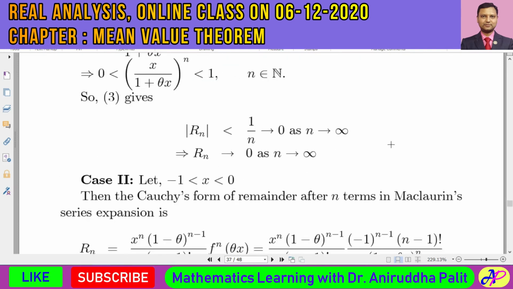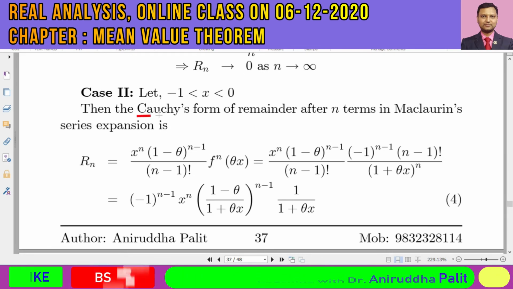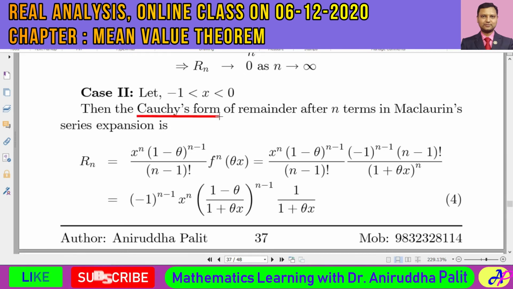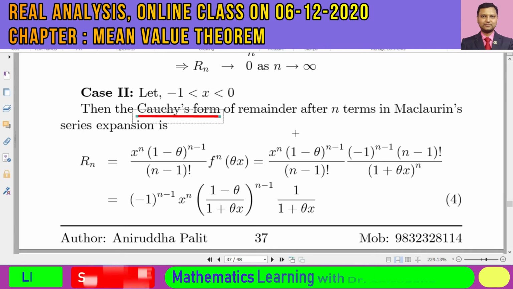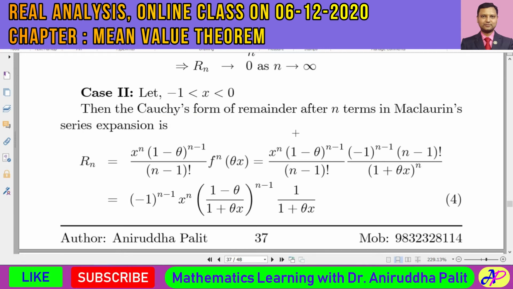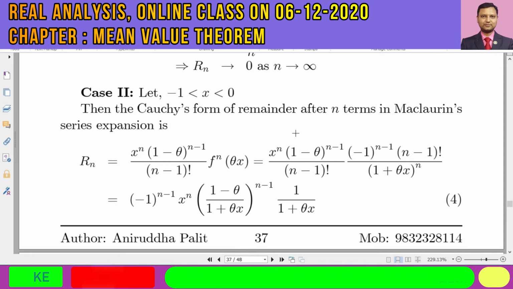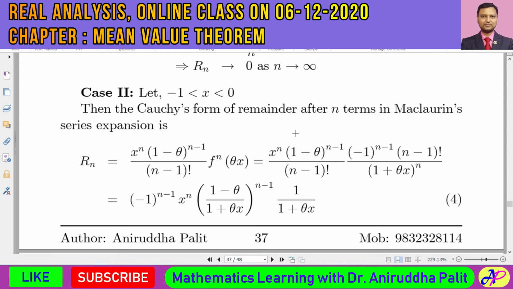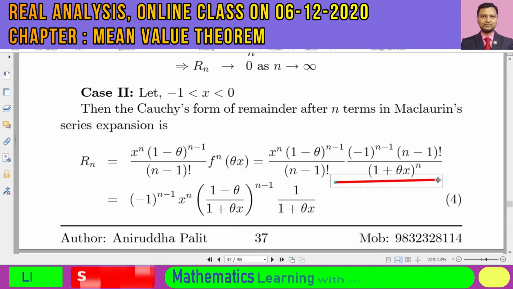That's why we consider Cauchy's form of remainder in this manipulation, because by Lagrange's form of remainder it would not be easy for us to show that Rn tends to 0. Computationally it would be difficult. And over here we are considering Cauchy's form of remainder. So the Cauchy's form of remainder ultimately gives us in this fashion.